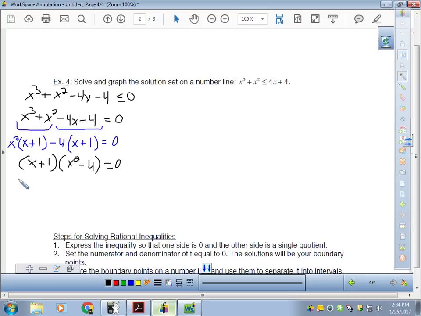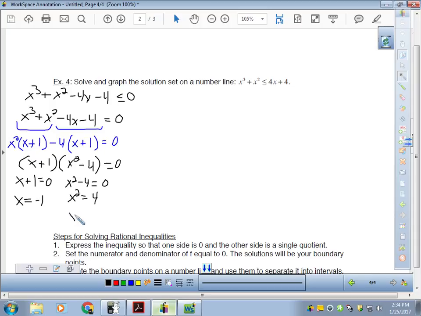Then I can take those factors and I can set them equal to 0. So x plus 1 equals 0. x squared minus 4 equals 0. Move the 1 over, so I get x equals negative 1. Over here, move the 4 over, I get x squared equals 4.